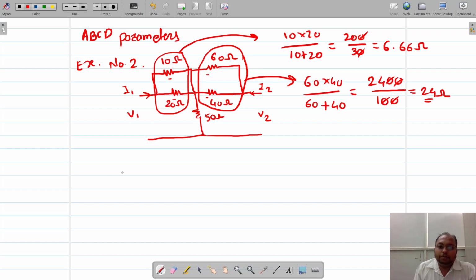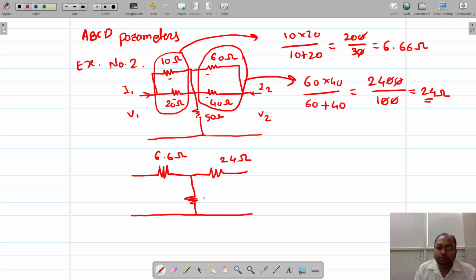And therefore our simplified circuit diagram will have the resistors as, so this is nothing but your 6.66 ohm resistor, right? And this is nothing but 24 ohm resistor, and the shunt arm resistor will not be changing. There is no correction to it, so it will be as it is, 50 ohm. Are you getting it?